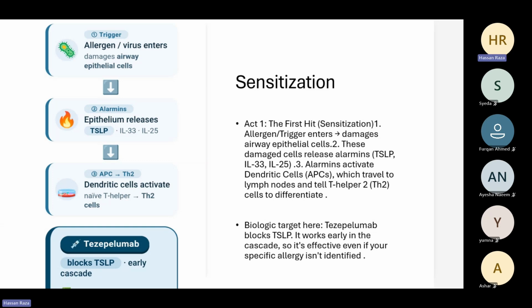So the epithelial cells release some alarmins, some cytokines. And here TSLP is really important. I will tell you why when we discuss the treatment.